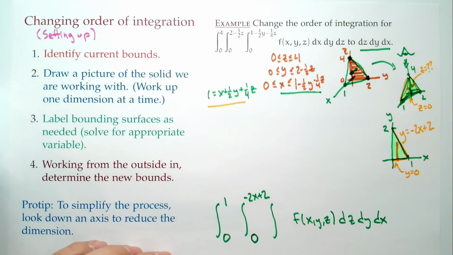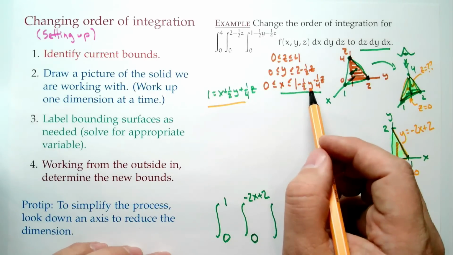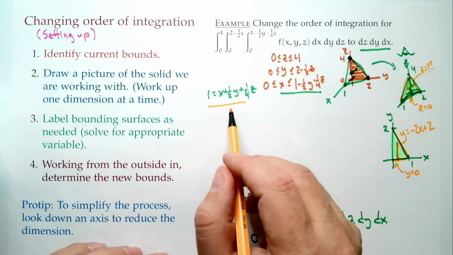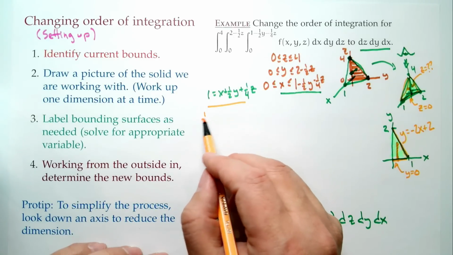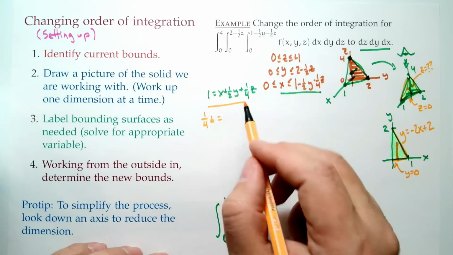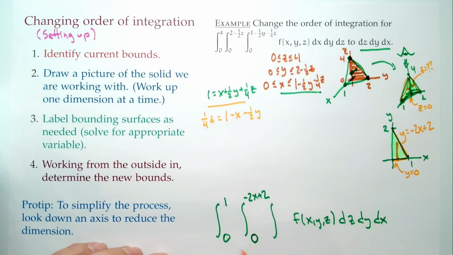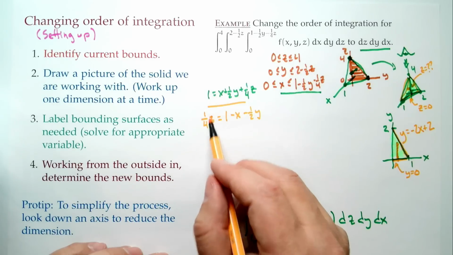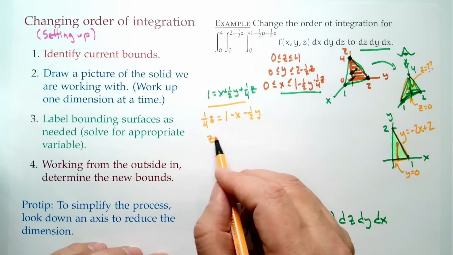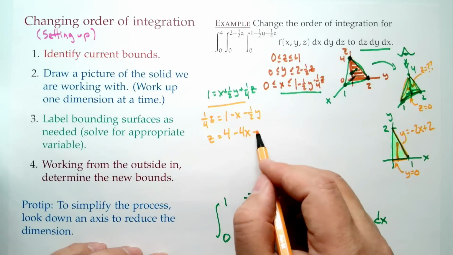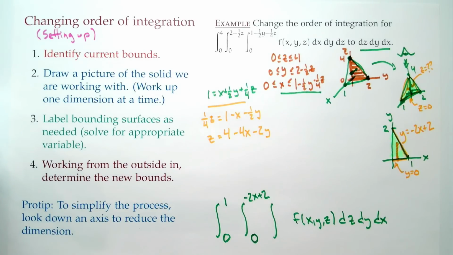Well, there's my surface. And see, initially it was solved for x. Now we solve for z. So let's solve for z. We'd get 1/4 z is equal to 1 minus x minus a half y. And then, we don't like the 1/4, so we get rid of it. Multiply everything by 4. z is 4 minus 4x minus 2y.